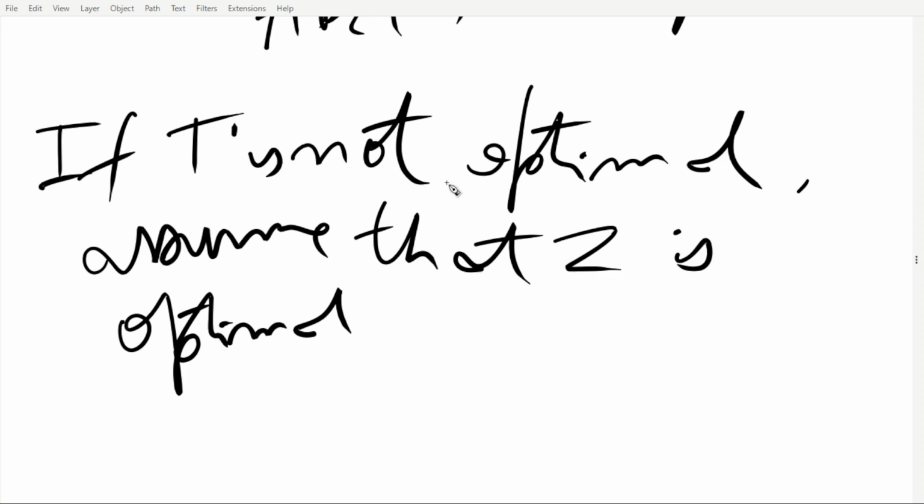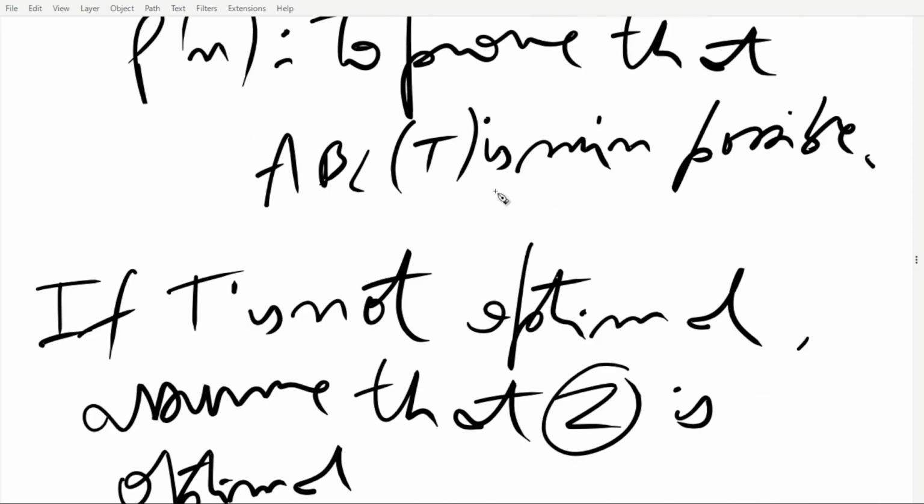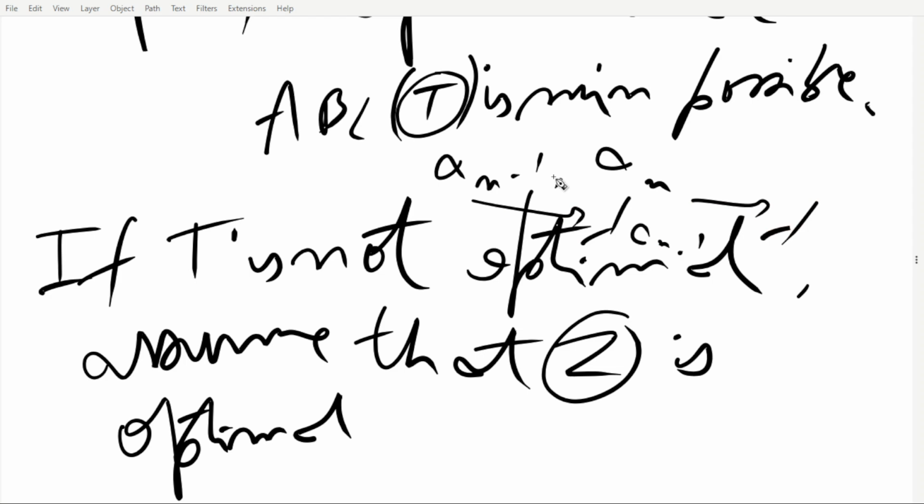So just compare this Z with our T. According to our algorithm, the two lowest frequency nodes are a_{n-1} and a_n with frequencies f(a_{n-1}) and f(a_n). So we merge these two according to our algorithm.